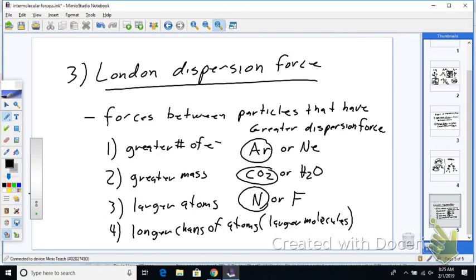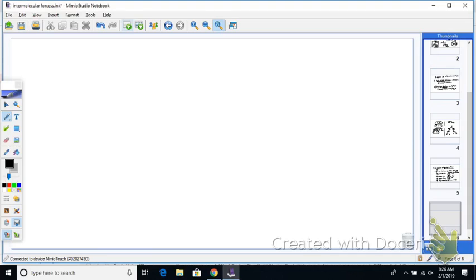So then longer chains. Okay? So longer chains. What I mean by chain, I'm going to give you a little chain. Because a lot of times we have multiple atoms hooked together. So let's give you a chain. I'm going to switch the slide here real quick so that I can draw a chain.